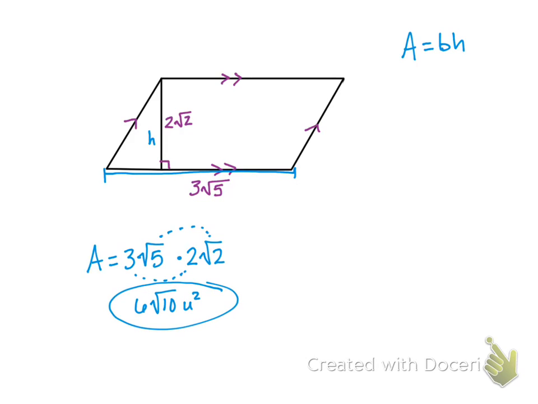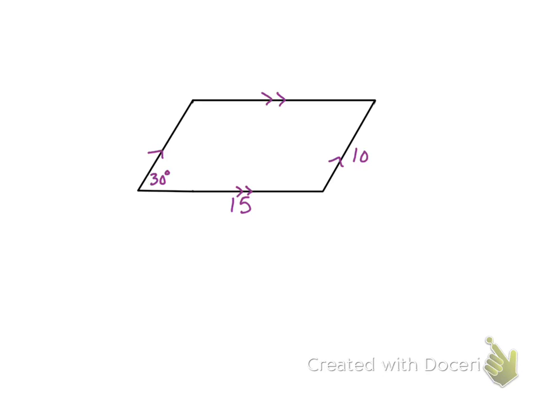Let's talk about one where it doesn't give us the height of the parallelogram. So we want to draw a line in for height. This is a right triangle here. And we know that this length has got to be 10, the same as this side over here, because this is a parallelogram, and by definition that is true.